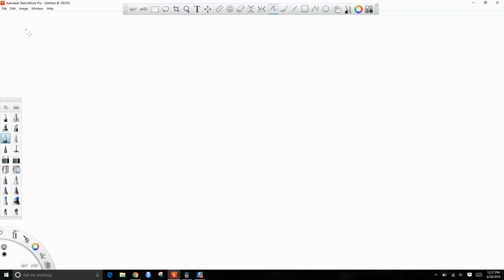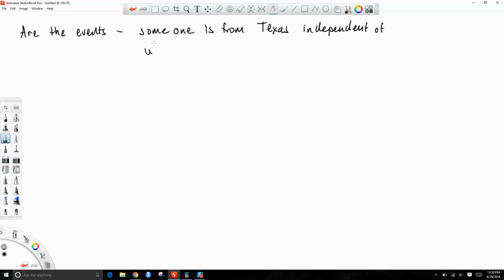So we'll say, are the events someone is from Texas independent of whether that person owns a truck?